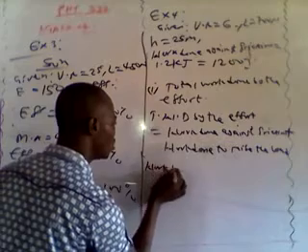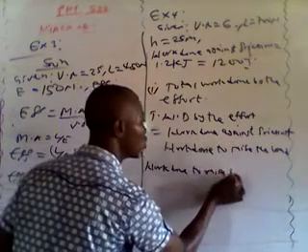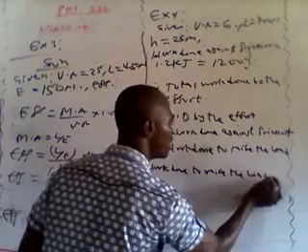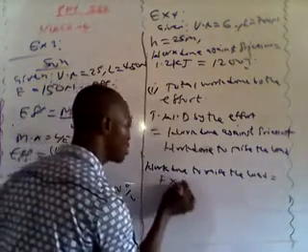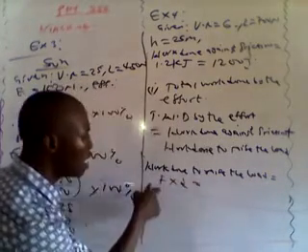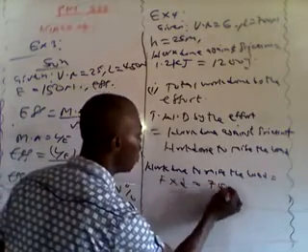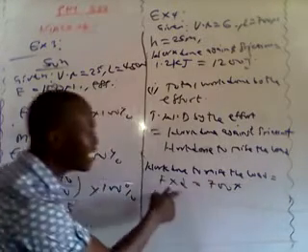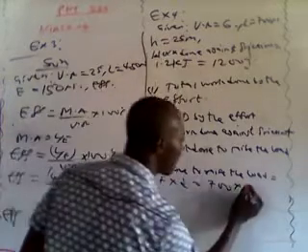Work done to raise the load: from the net work done, it is force times distance. Our force here is the load being raised, that is 700, multiplied by the distance the load is being raised, that is the height, 25 meters.